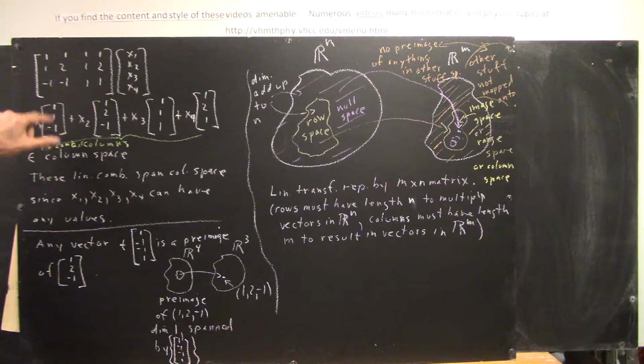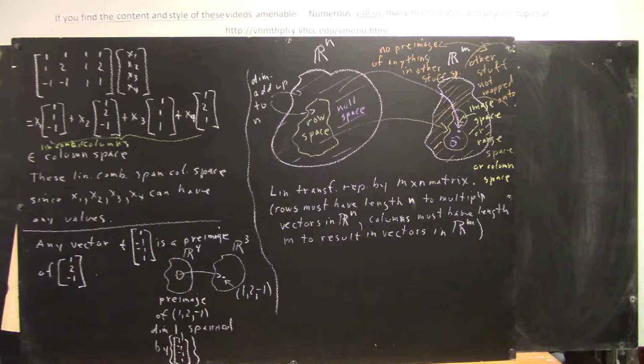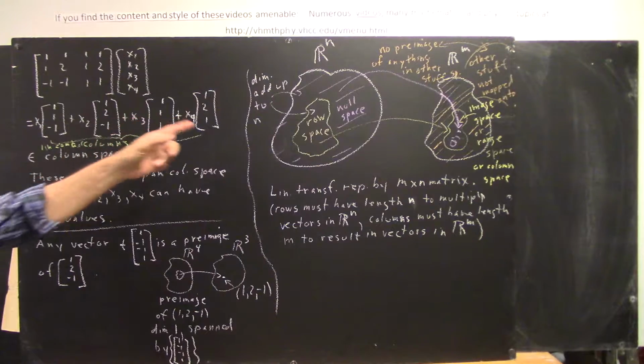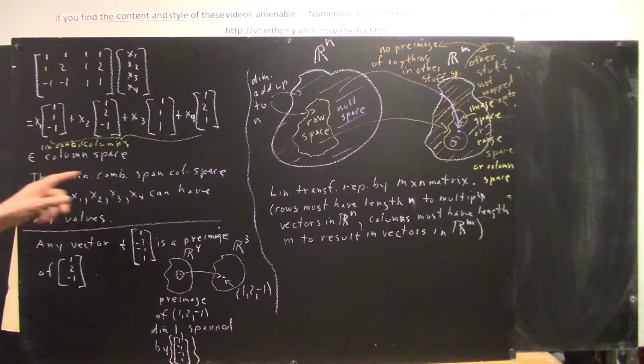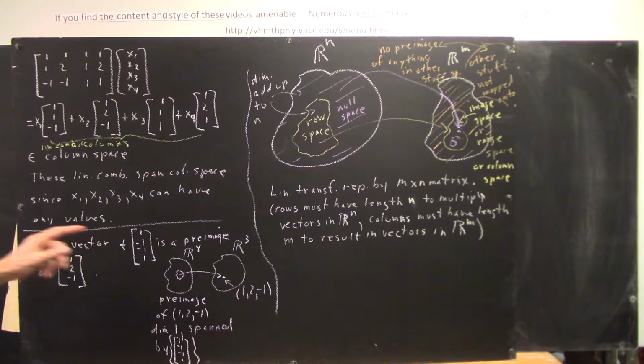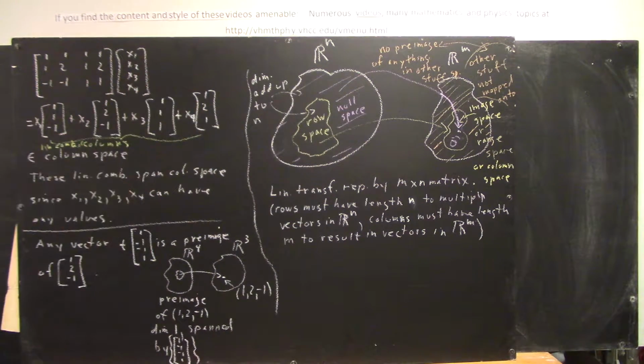It's a multiple of the first column plus a multiple of the second plus a multiple of the third plus a multiple of the fourth. Okay, so this is a linear combination of the columns, and it's in the column space. It's a member of the column space because it's a linear combination of the columns. These linear combinations span the column space. Since x1 through x4 can have any values, this can be any combination of the columns.